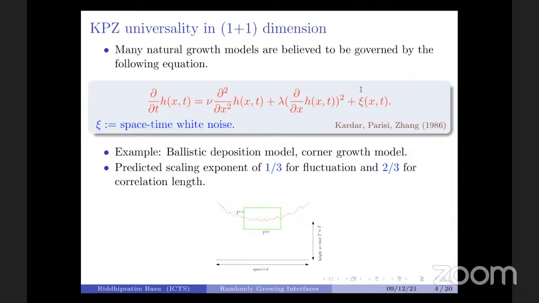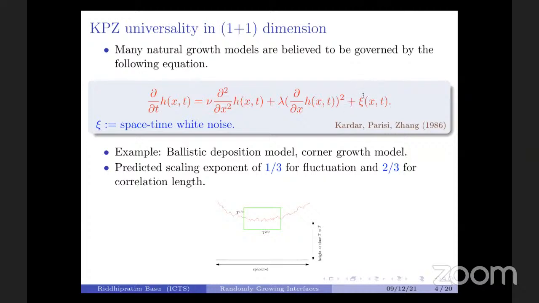If h is the height function, the equation is ∂h/∂t depends on the second derivative of h with respect to the position, ∂²h/∂x², plus a nonlinear term (∂h/∂x)², and then a random part, which is just white noise.